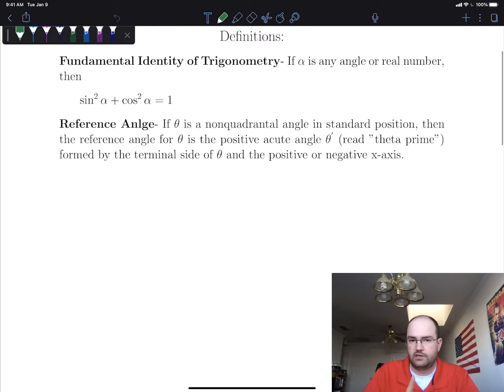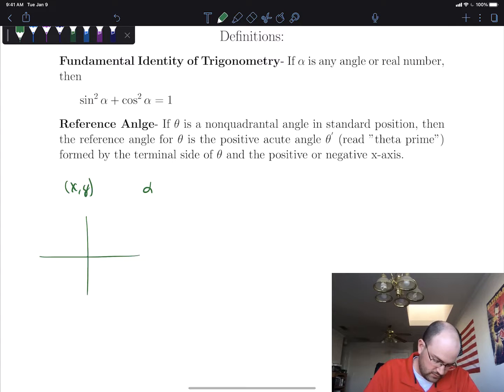We know that if (x, y) is any point on the coordinate grid and alpha is an angle that is in standard position, then there's a radius there, alpha.